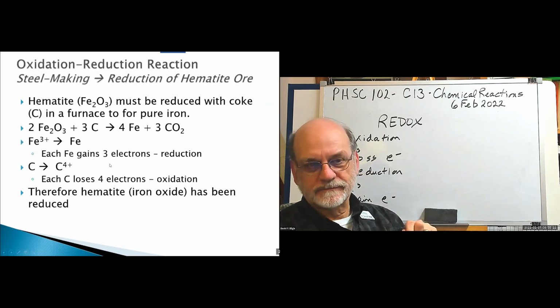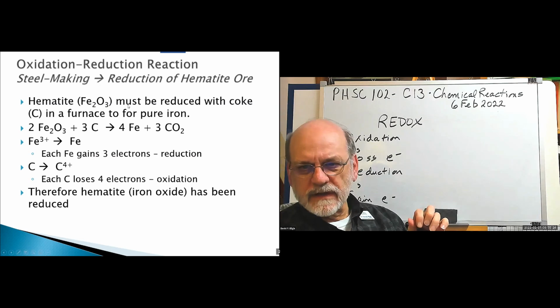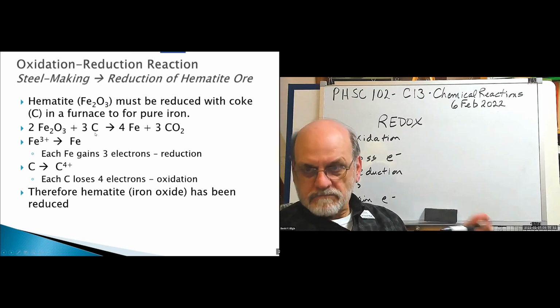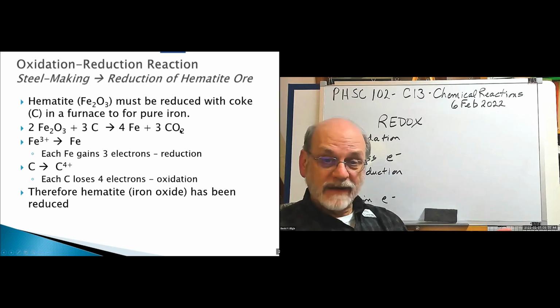Here's an example. Let's see, hematite, Fe2O3, when it's combined with carbon or coke in a blast furnace, it produces iron, pure iron, and carbon dioxide. Okay, so what's happening?